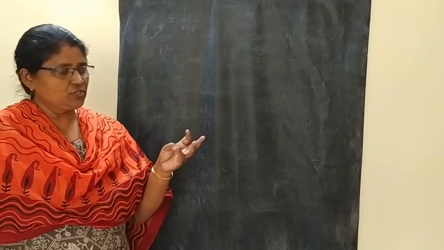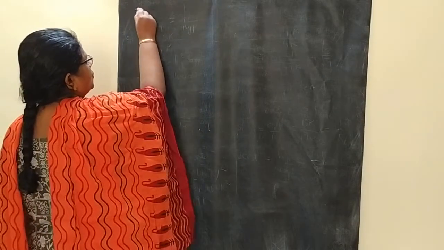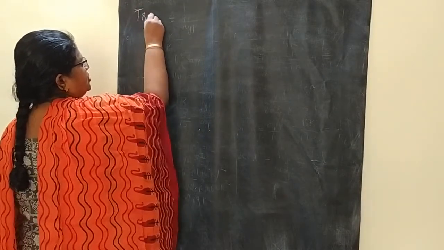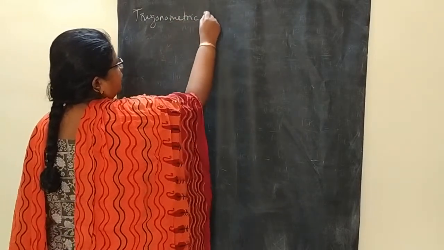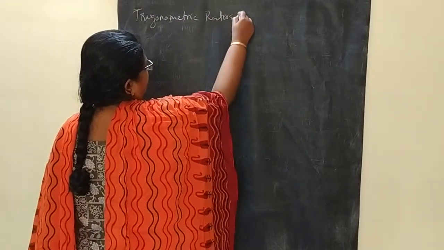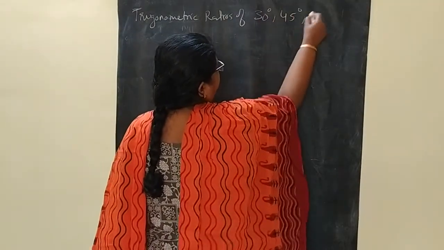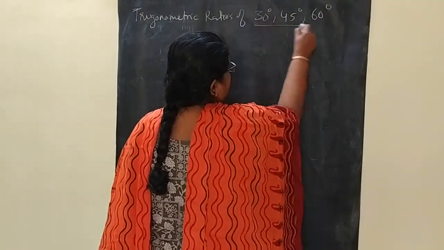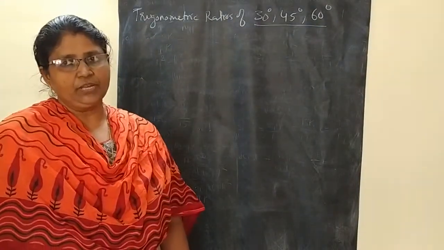But now, 0 degree and 90 degree are deleted from the syllabus. So now you are going to study trigonometric ratios of 30 degree, 45 degree and 60 degree. Only these three angles. Okay.